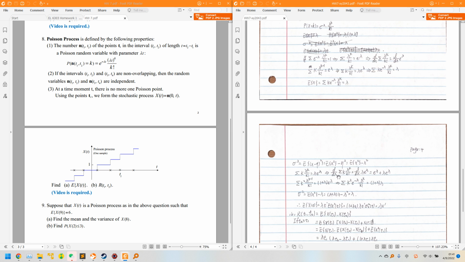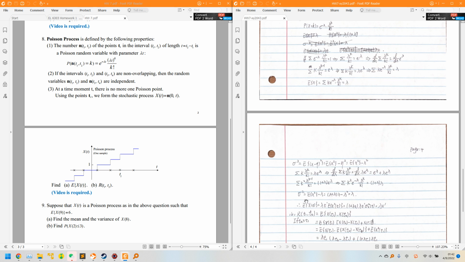We first take the derivative on both sides, and we can get this form, and we also use the transformation like the previous method, and the result is 1 plus lambda times lambda.